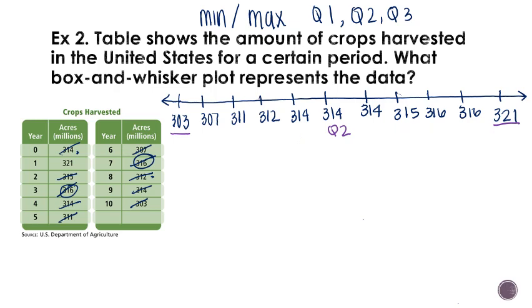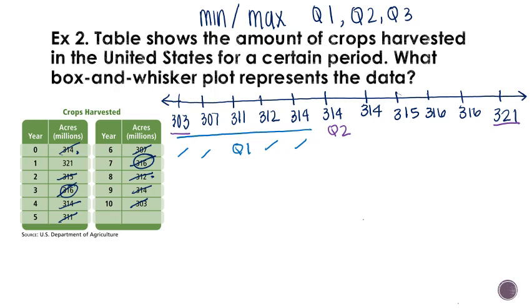Okay, so now I have to find Q1 and Q3. So Q1 is the median of this data set right here. So that would be the middle. Okay, that's Q1.